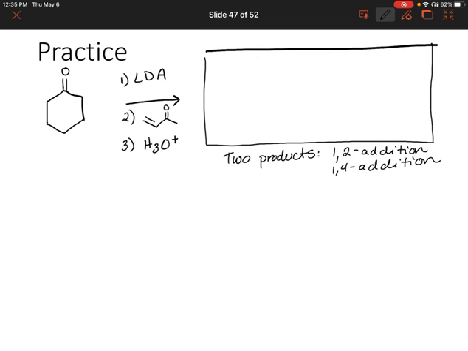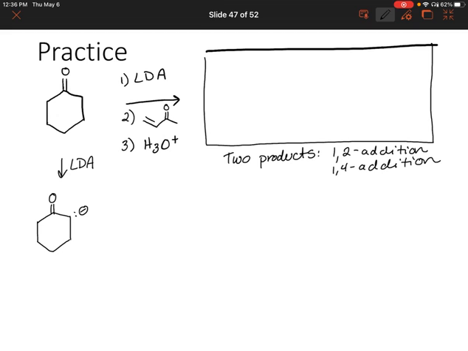All right, so let's start by showing what our enolate would look like. So we're going to add LDA, and we have two alpha carbons, but this molecule is symmetrical, so it doesn't really matter which side we take a proton from. So we'll form a negative charge on one of those alpha carbons.